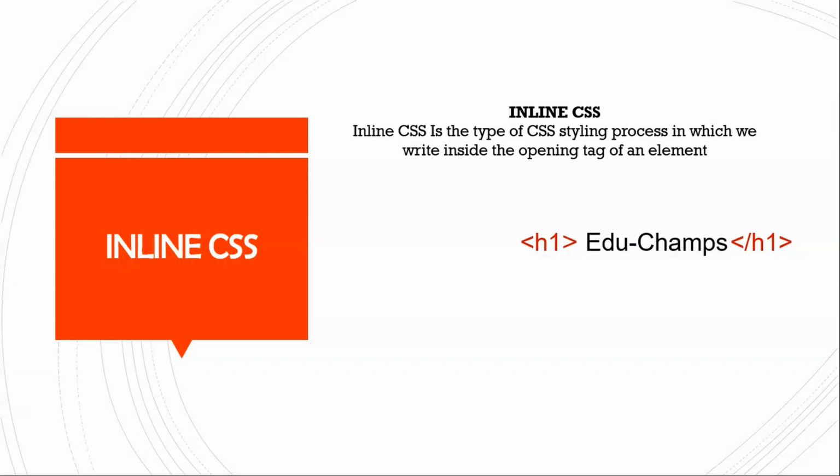What we have to do is input the style attribute inside the opening tag of our H1 element and equate it to the color property of red. So in this case, color is our property and the value of our color is red. Hence, this text Edu-Champs will display as red.